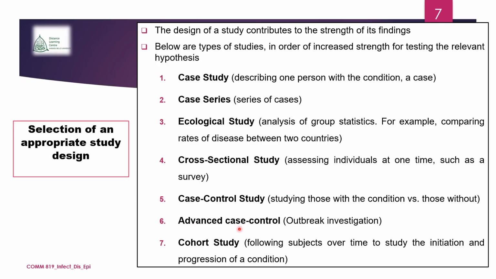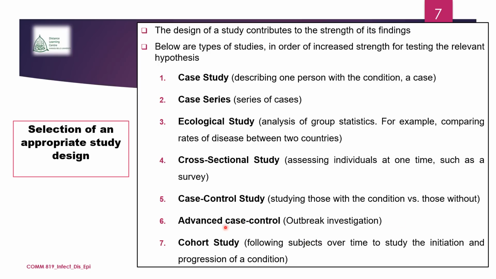Then we have the cohort study, following subjects over time to study the initiation or the progression of a disease. You want to actually know when the disease started in the past, or progression of a condition from present to future.